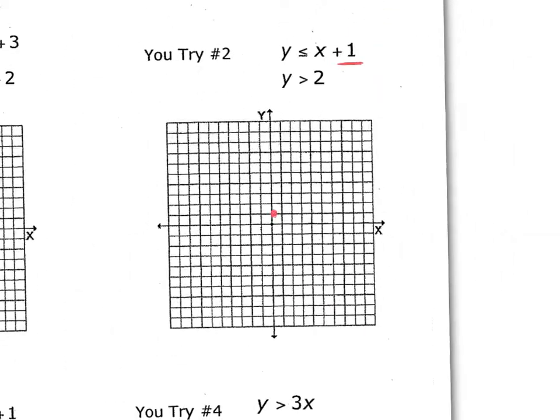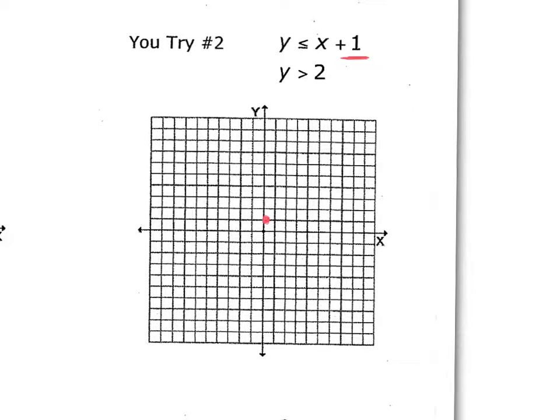From yesterday, if you just have a variable, your slope is going to be 1, but you have to have a rise over run, so we want 1 over 1. So we would have a rise of 1, run of 1, and then plot your point.